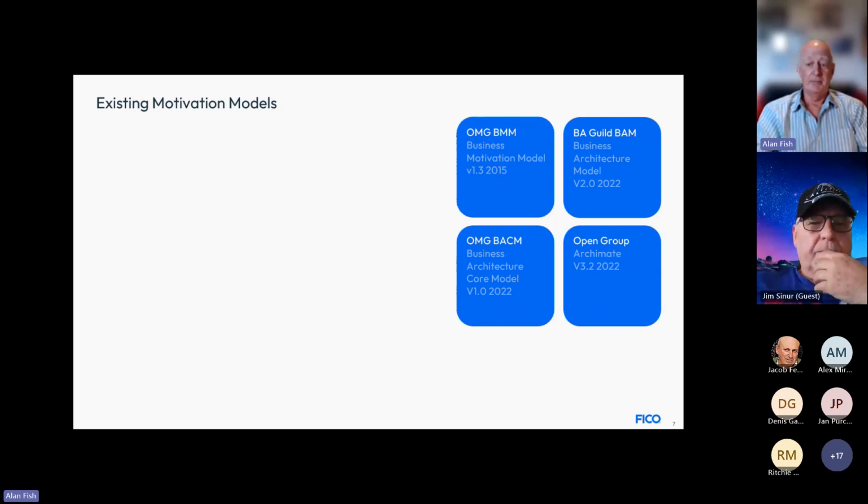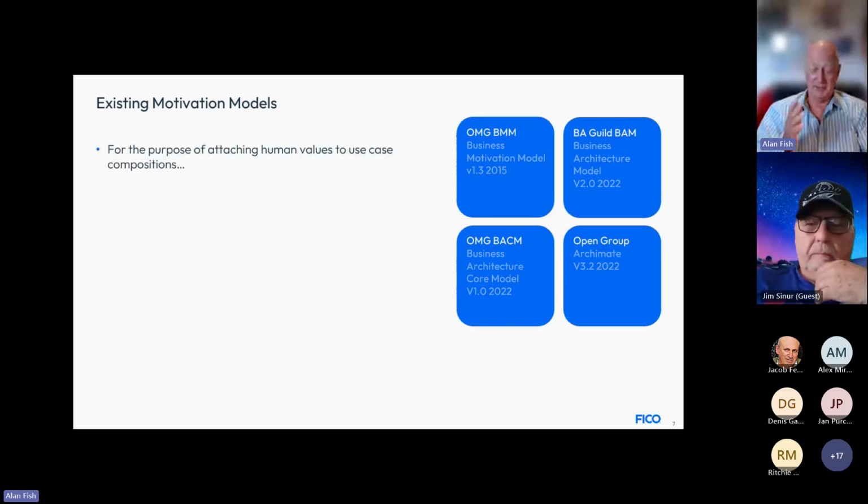But I had issues with all of these, and I want to be clear, I'm not making a judgment about these standards in their own right, but I'm assessing how appropriate they were for what I wanted to do.